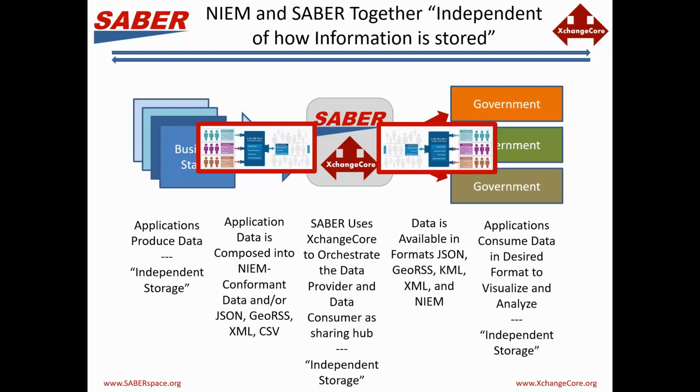So each one of those steps that takes place is exactly what NIEM wants every system to do. SABER, however, is doing it in multiple formats because businesses on the left-hand side, governments on the right-hand side, we need to give them the smallest lift possible for their effort to get the maximum amount of information.